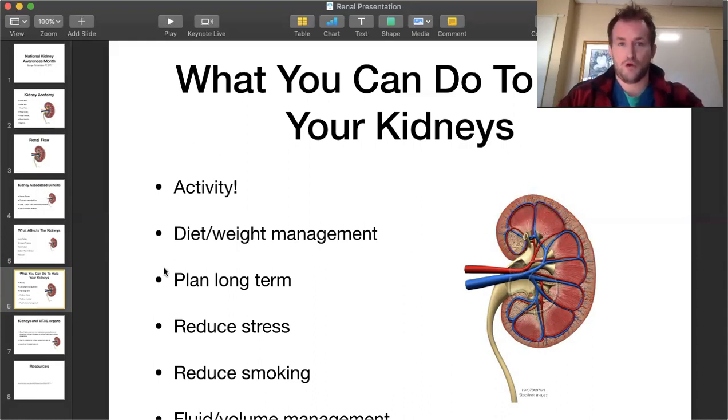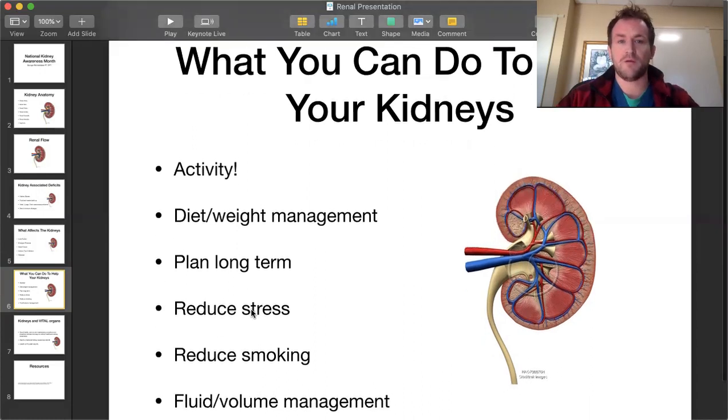Planning long-term. This particularly is important, not only for National Kidney Awareness Month, but for your life. Taking these strategies, such as activities, good diet management, reducing stress, reducing smoking, fluid and volume management, is what I'm going to keep talking about.